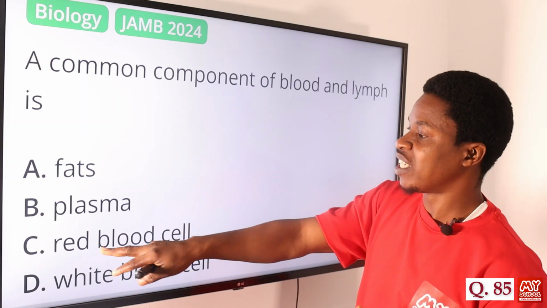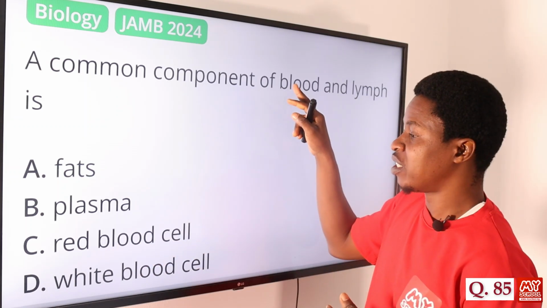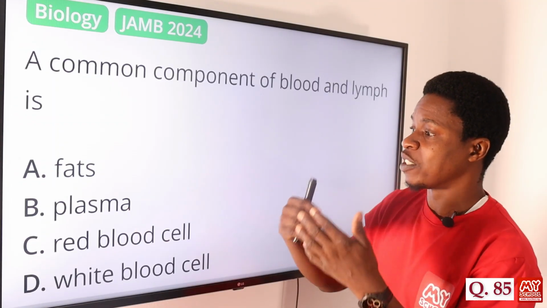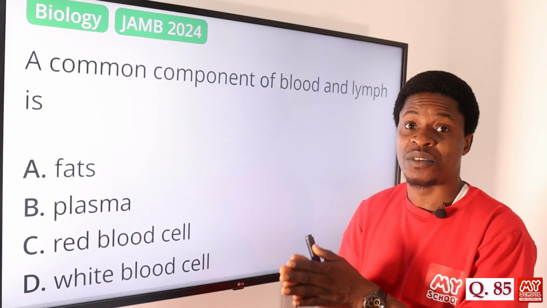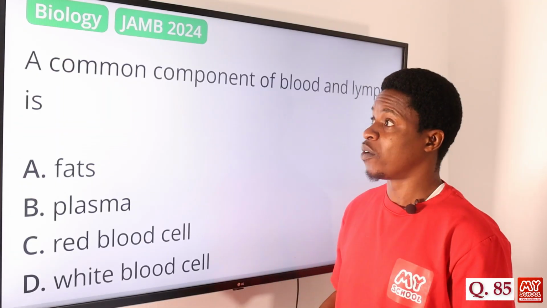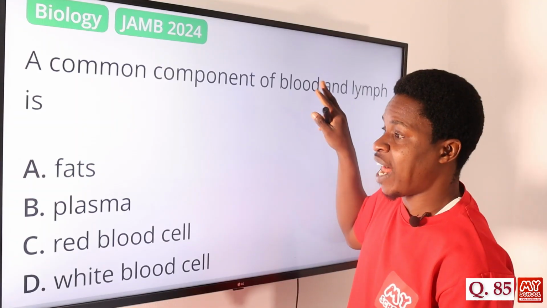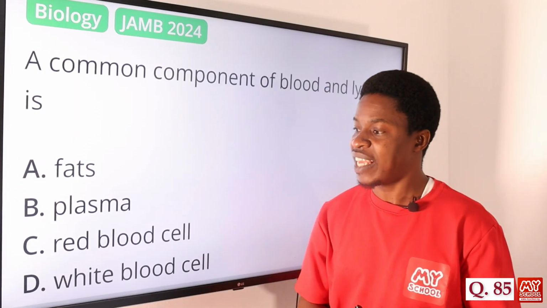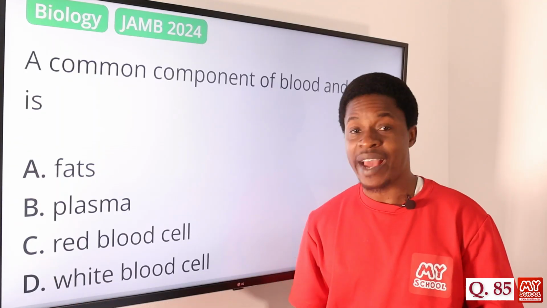Of course, the red blood cell, we can have it here in the blood, but we don't have red blood cell present in the lymph. We have the plasma, that's the yellow part of the blood that helps in blood clotting. We don't have it present in the two. Then we also have fats. Fat can also be present. So the correct answer here is option D, white blood cell.